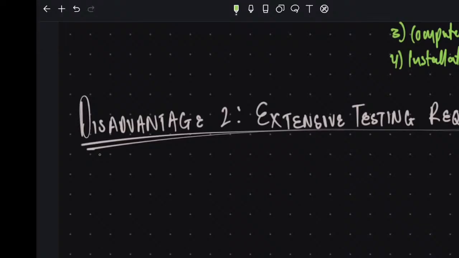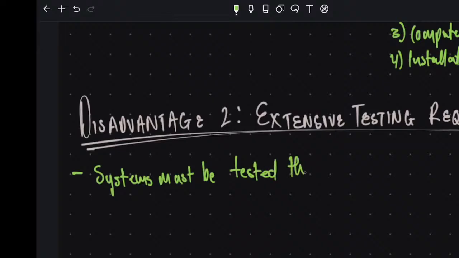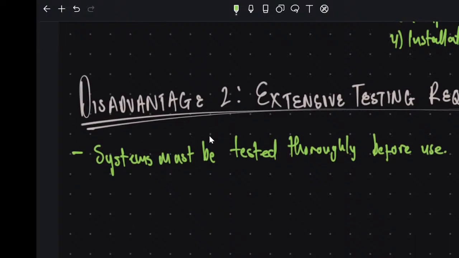Systems must be tested thoroughly, because if you don't, it can cause accidents. When you're doing an automated system, you must test it thoroughly before use. Why?